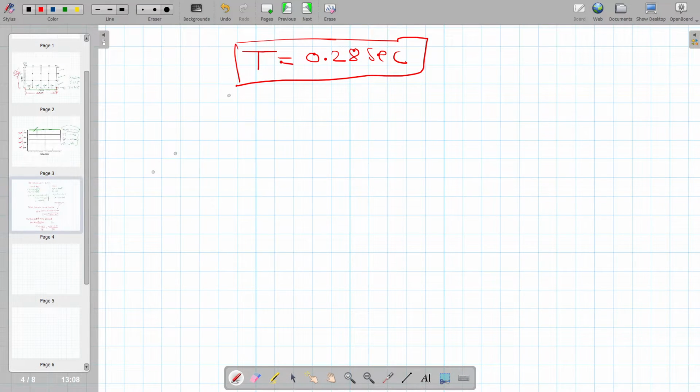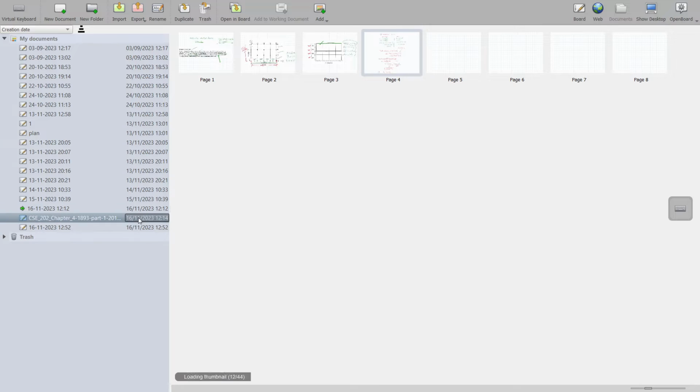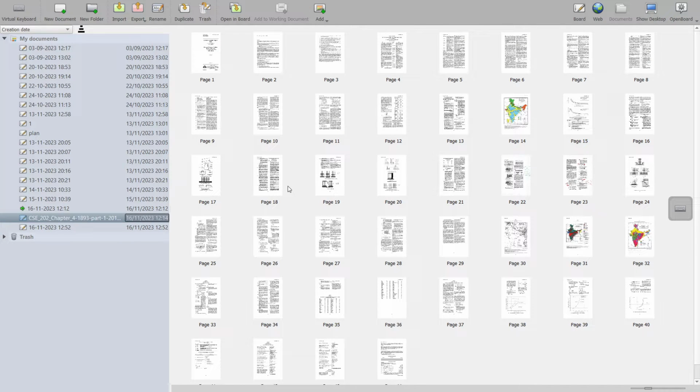Okay, now let's move towards our third part, that is base shear VB is equal to AH into W. We have already calculated W. You can see this formula, I'll show you, that is on page number, I think, here.